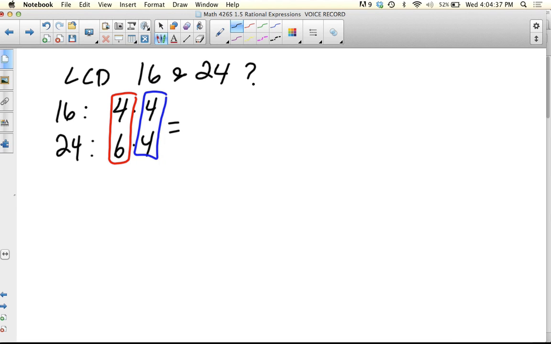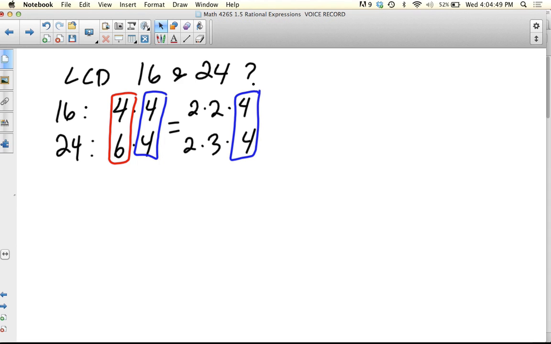Let me keep going and say that that's the same thing as 2 times 2 times 4, and this is 2 times 3 times 4. Okay, so this I've already established they were the same, right? But you see here I also have a common factor of 2.